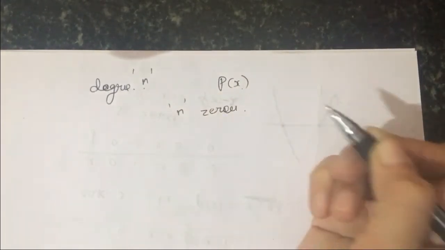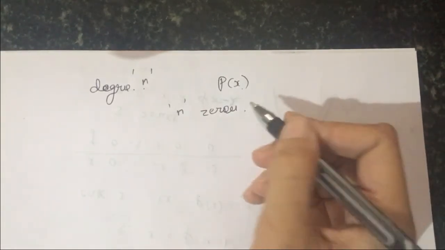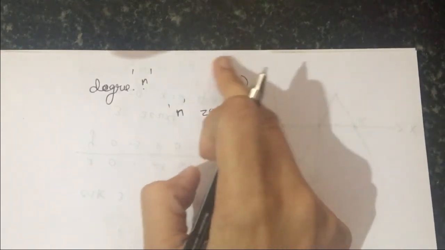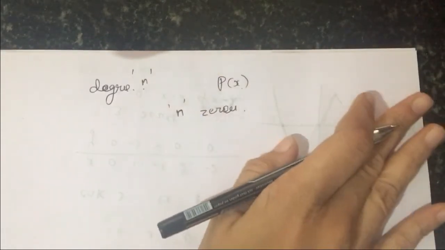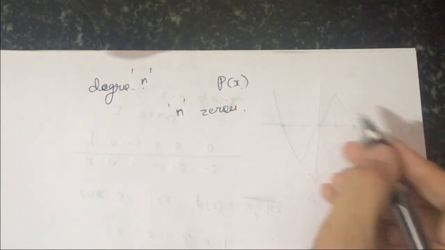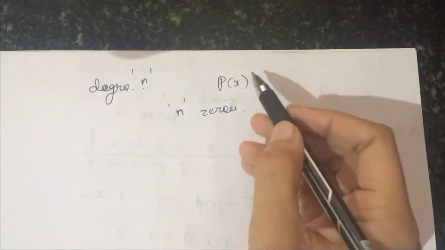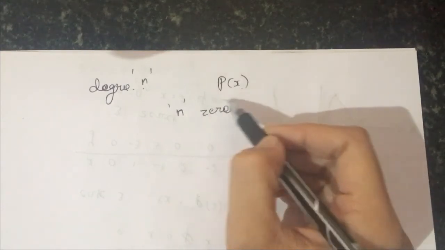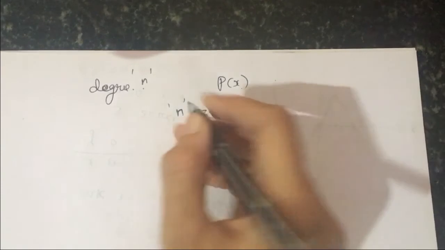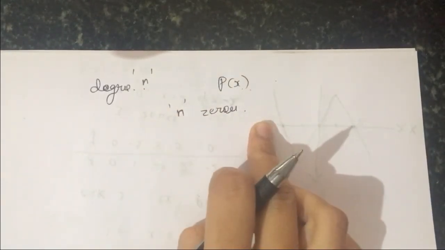At most n zeros, okay, means at most n points the graph of this polynomial intersects the x-axis. Therefore, you can say a polynomial p of x of degree n has at most n zeros, okay.